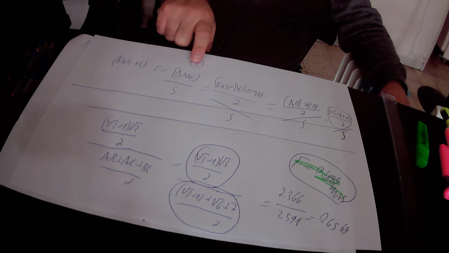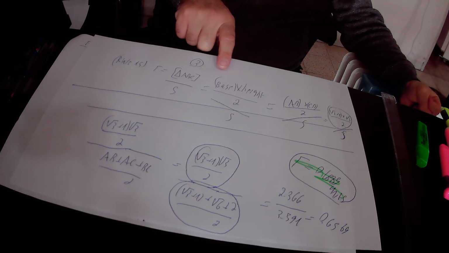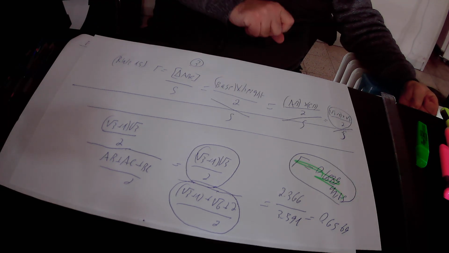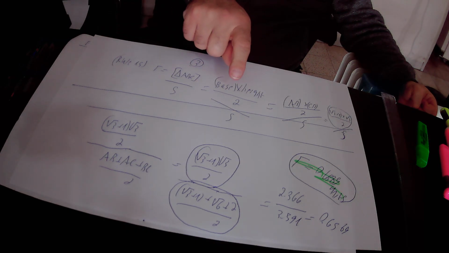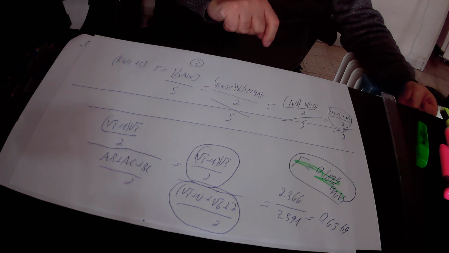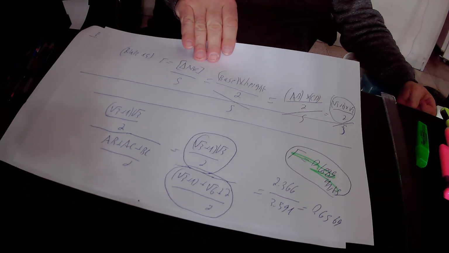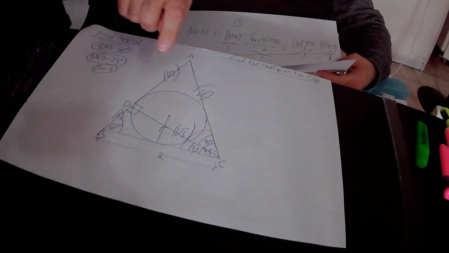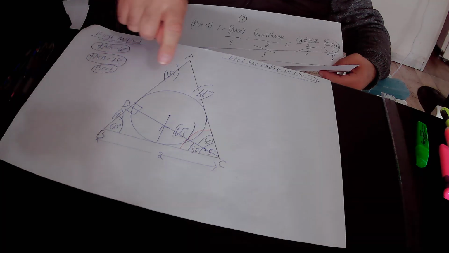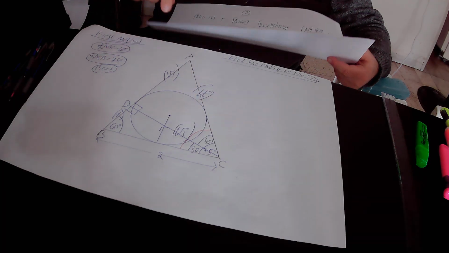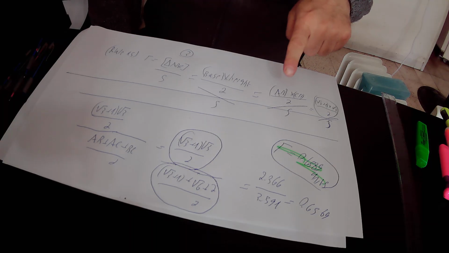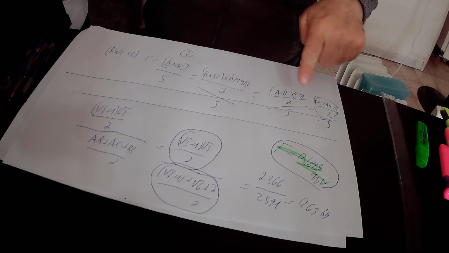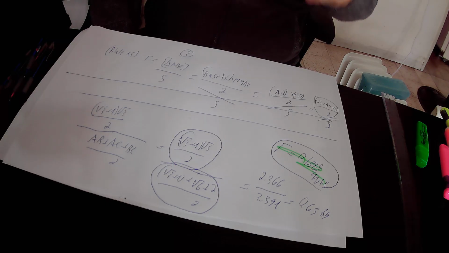The area of any triangle equals the base of the triangle times the height to the base over 2. And we have to divide it by S, that is the semi-perimeter of triangle ABC. We choose the base of this triangle ABC as AB, and therefore the height to the base is CD.